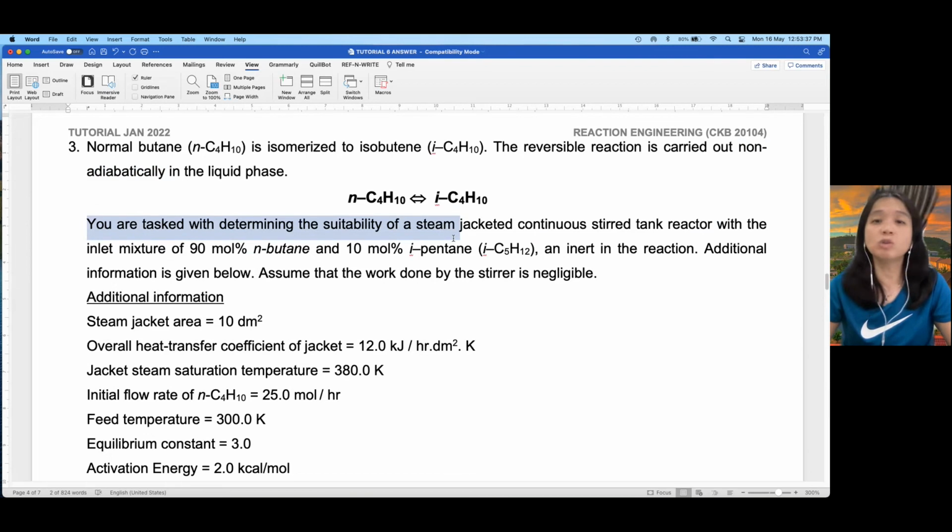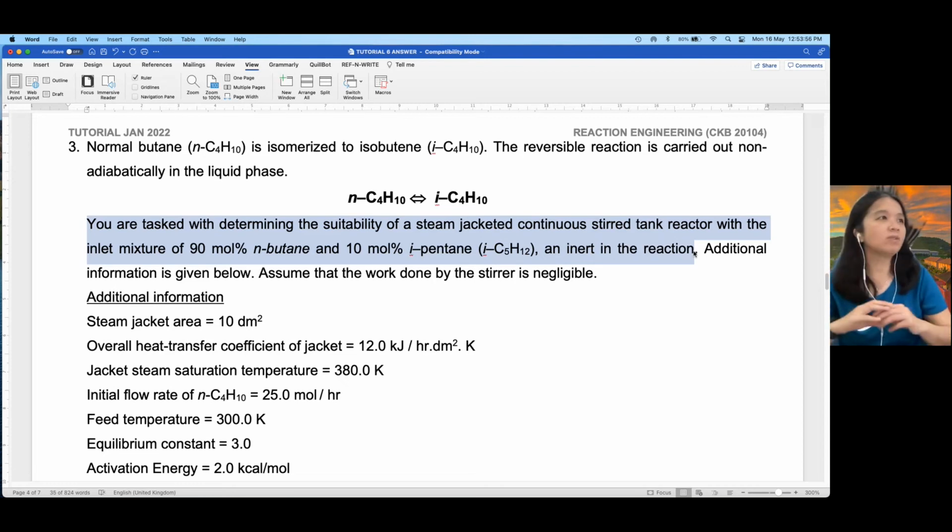This says you are tasked with determining the suitability of a steam jacketed CSTR with the inlet mixture of 90 mole% n-butane and 10 mole% isopentane, an inert in the reaction. This sentence is quite interesting. First, CSTR. Second, information.